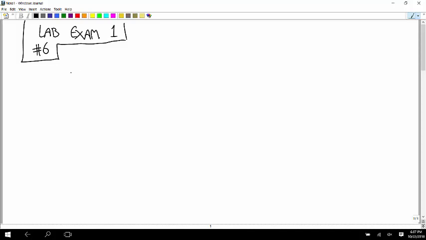It says at time equals 0, the object is at 0 position, so p equals 0, and it's moving in the negative direction. So I'll write that as the velocity is negative.